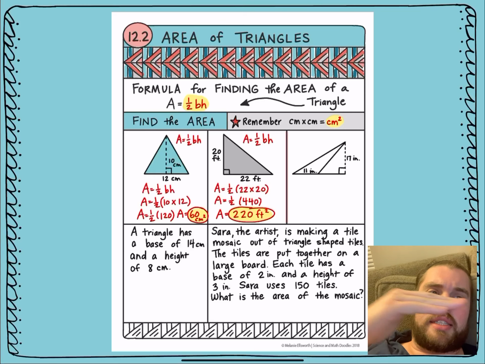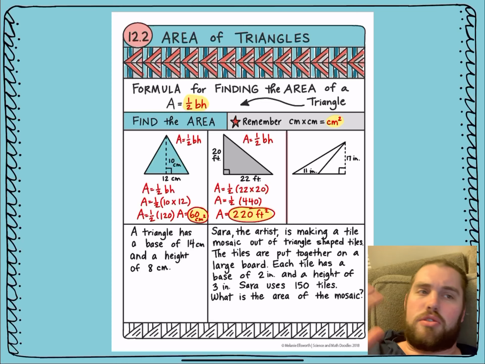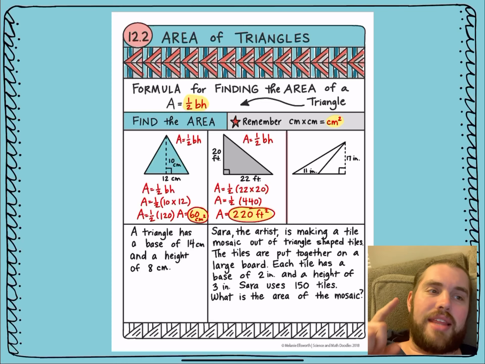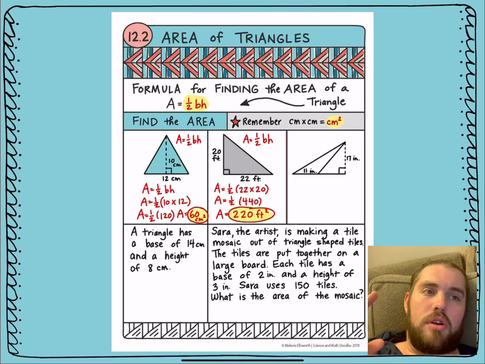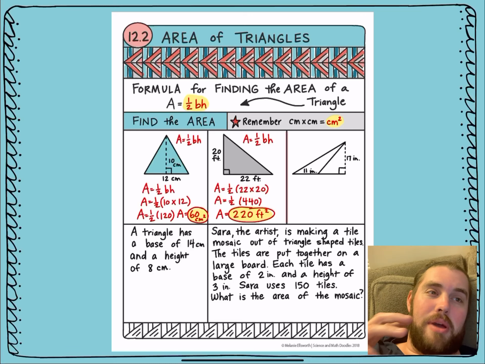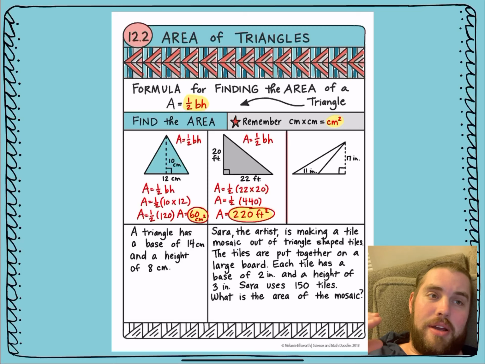Okay, so if I look at this next problem, 11 inches is my base. And then I had to extend my triangle out to represent the height. I'm not making the triangle bigger, but the height has to meet at a right angle. So my height is 17 because I extended it out and measured it, and I found that it's 17 inches tall. Just like all the other problems, base times height. So 11 times 17, and then you multiply by 1/2 or you divide by 2.